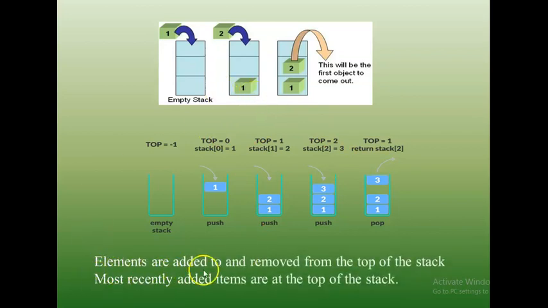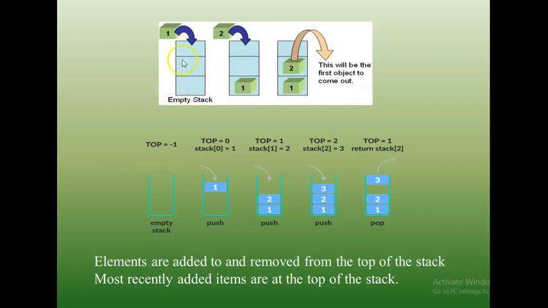So this is another point with regard to a stack. Elements are added to and removed from the top of the stack. Top can be any value from 0 to the maximum limit -1. If the limit is 3, then the maximum index becomes 2. Why? Because we are beginning the indexing from value 0.